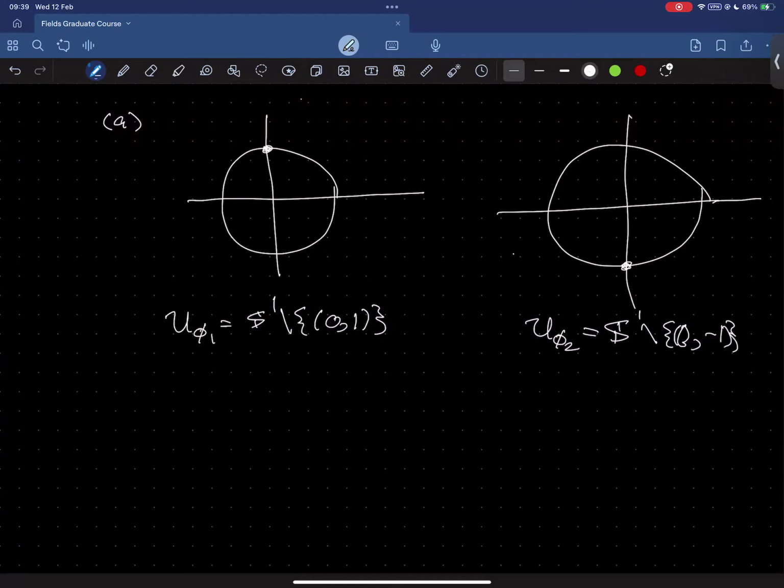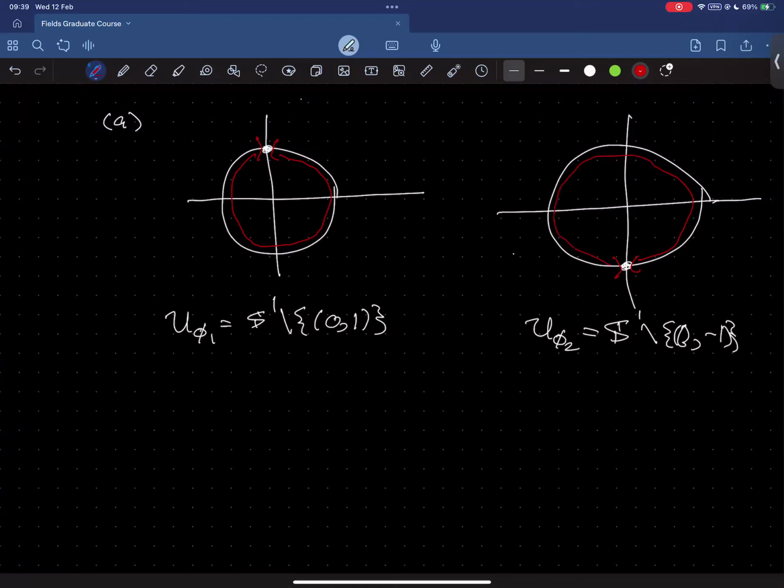Okay, so let me draw my chart domains again. So U phi 1 is going to be, I remove that point, so it's going to be this thing, like this. And then this one, I'm going to remove this point, so it's going to be like this.